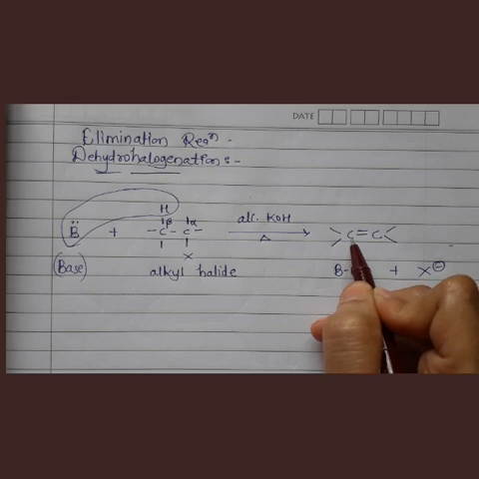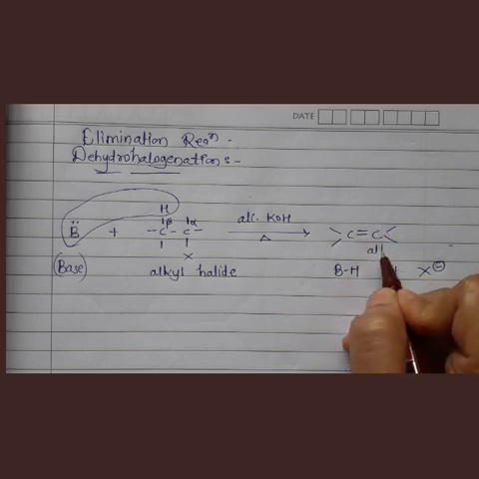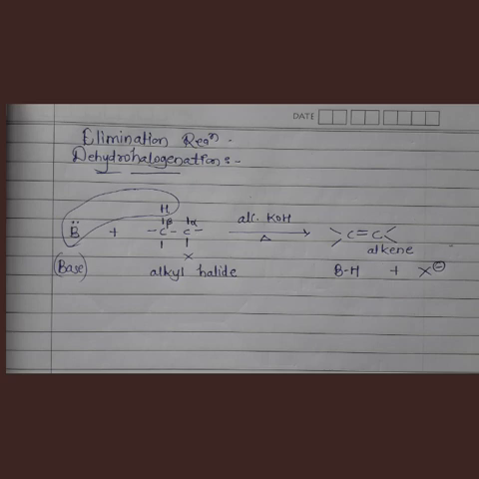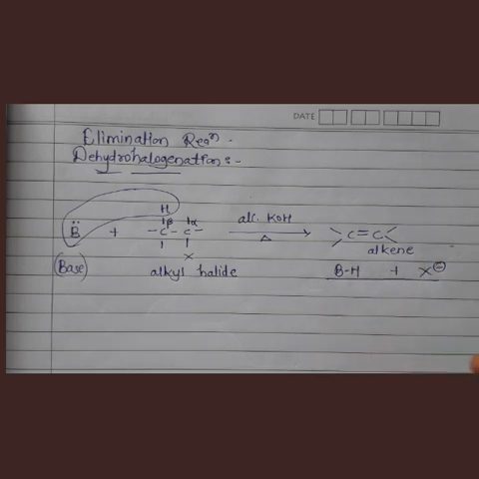So here valency of carbon is satisfied. Carbon can form 4 bonds, right? 1, 2, 3, 4. This carbon also 1, 2, 3, 4. So here alkene has formed. So in this reaction, in this way, hydrogen is eliminated, halogen is eliminated, and this is together called dehydrohalogenation. And the end product is alkene. Understand? Let us see one example.